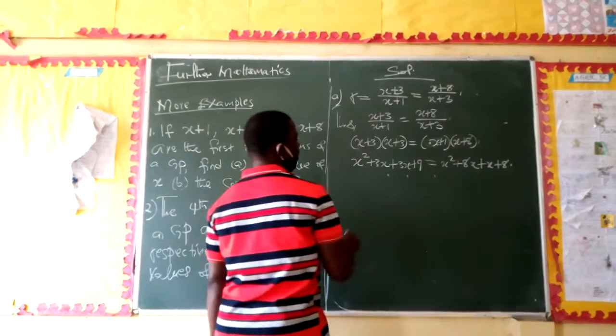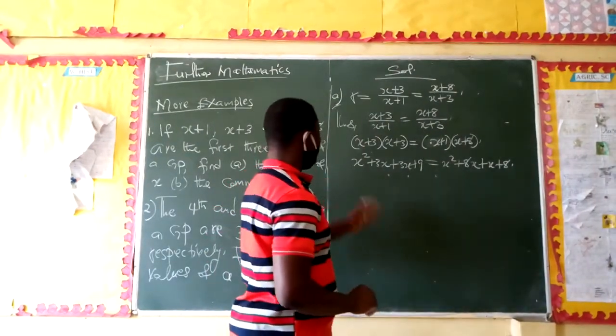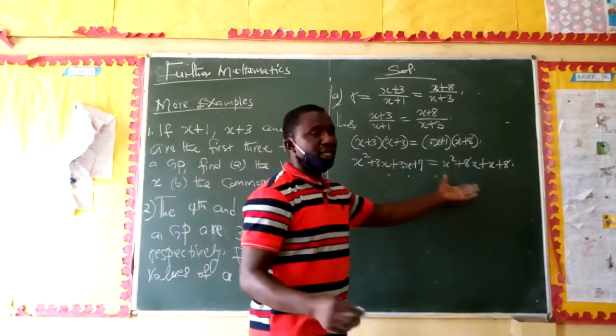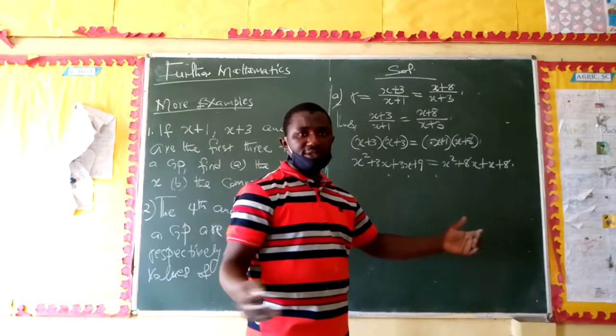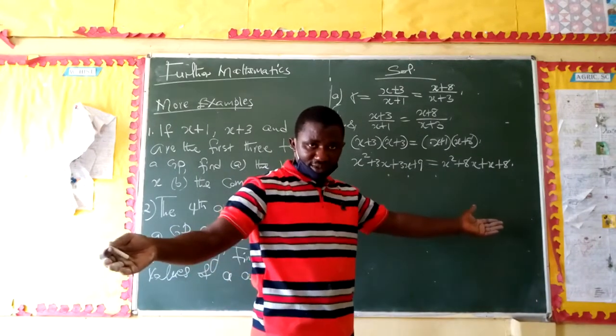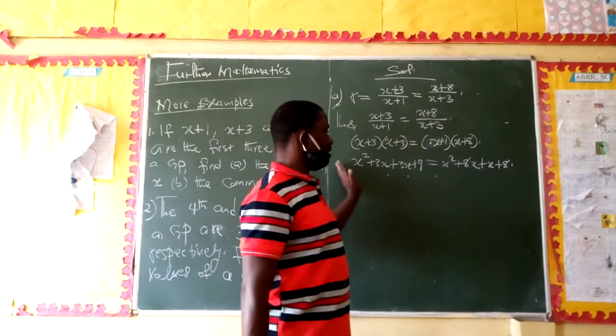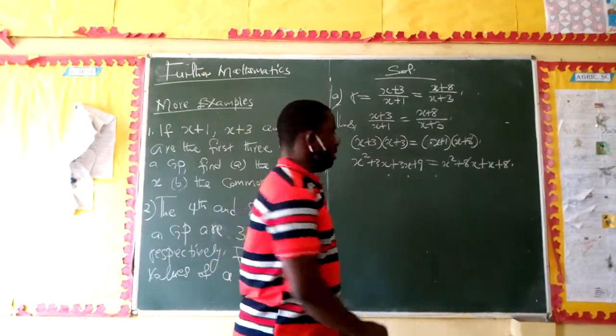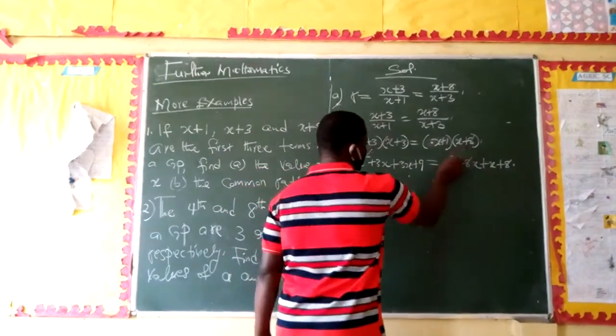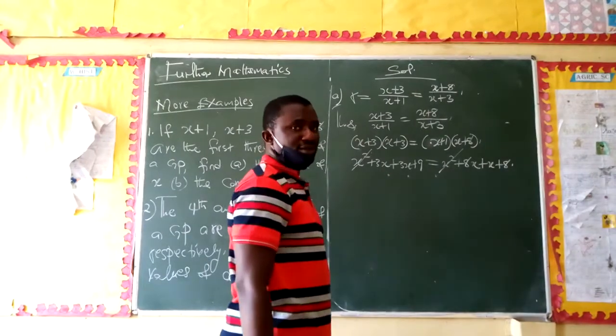We can see clearly that x squared will go off with x squared. Why? Because they are equal and opposite. One is on this side, the other is on the other side, so they can cancel out when you collect like terms.